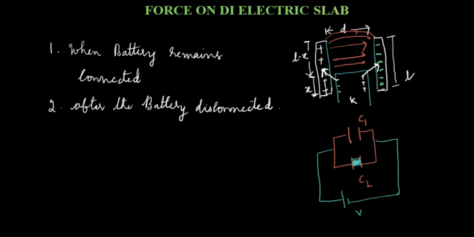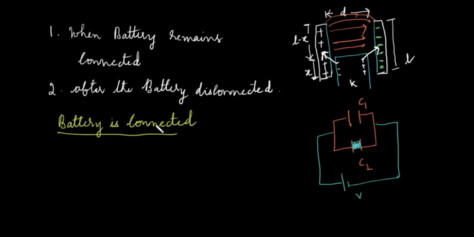When the battery is connected, first of all I'll calculate the effective capacitance. The effective capacitance here is C equal to C1 plus C2.